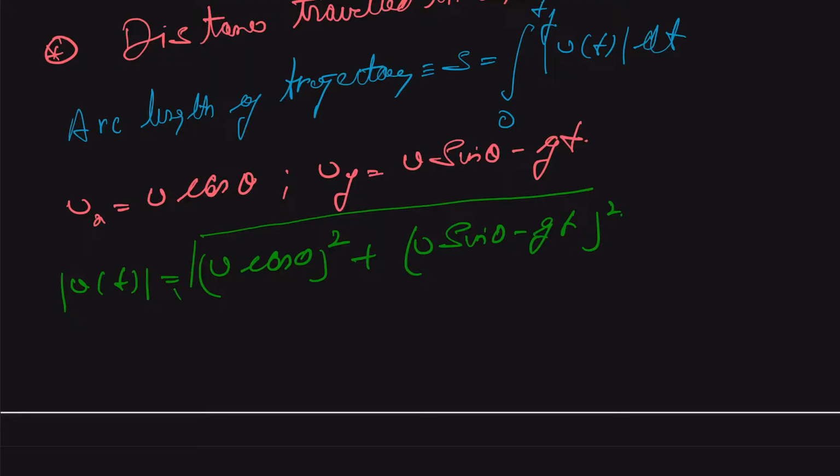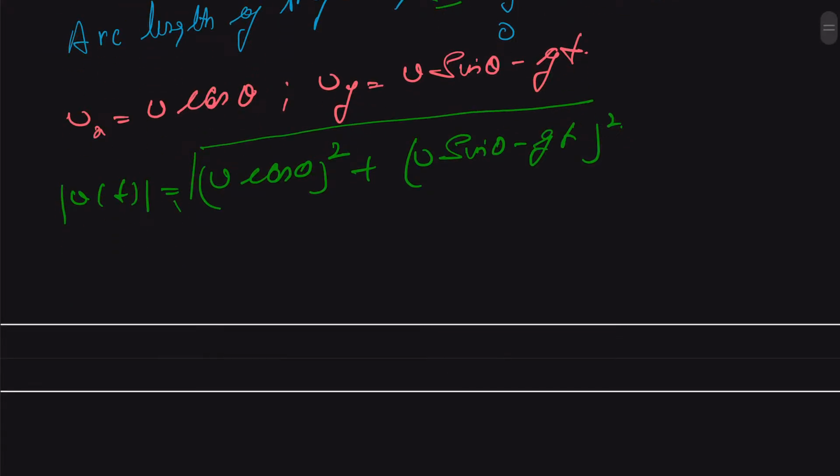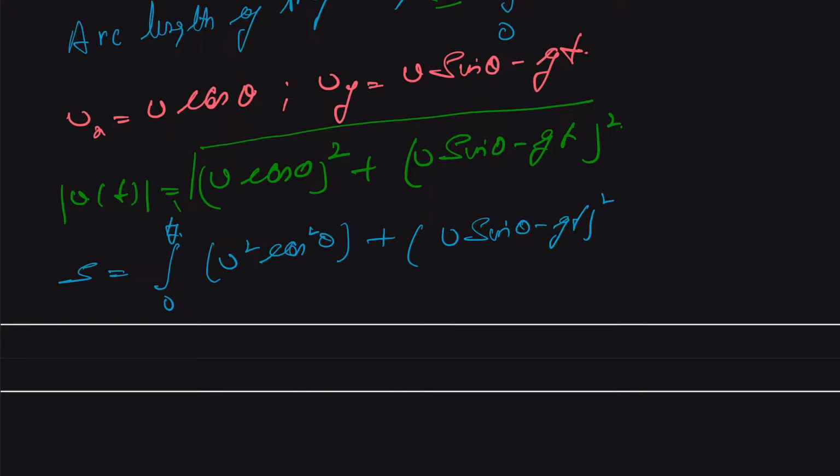And now we can easily substitute it in our integral equation. Therefore s is equal to the integral from 0 to tf of the square root of v square cos square theta plus v sine theta minus gt whole square, dt.